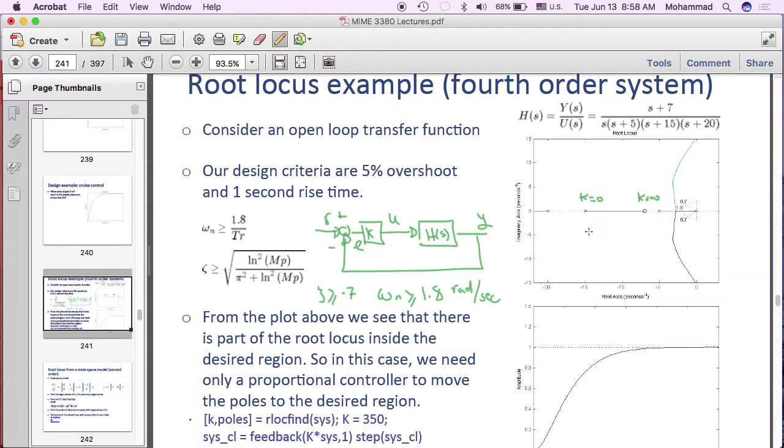So this is at negative 7, and the other one is S times S plus 5, 15, and 20.